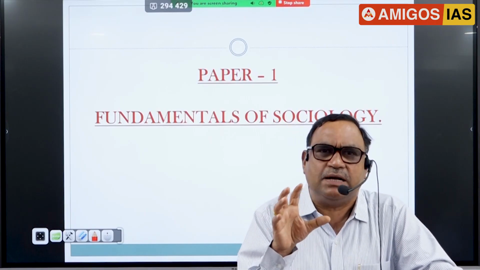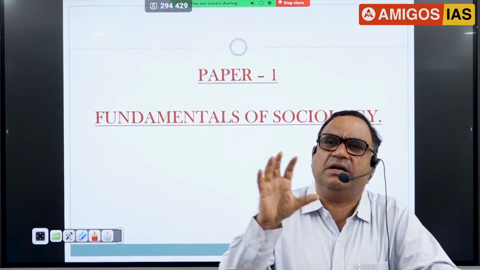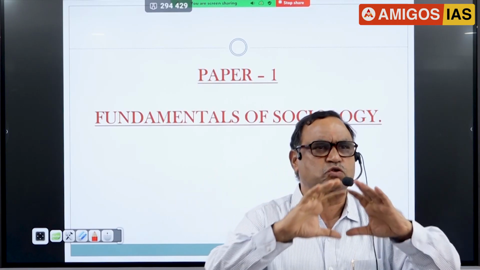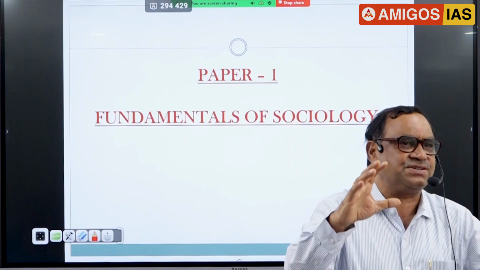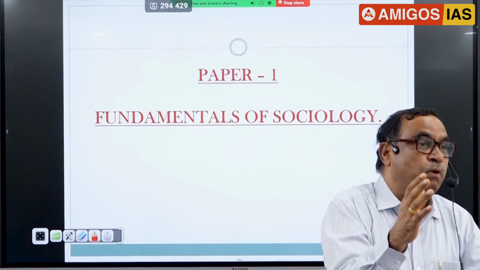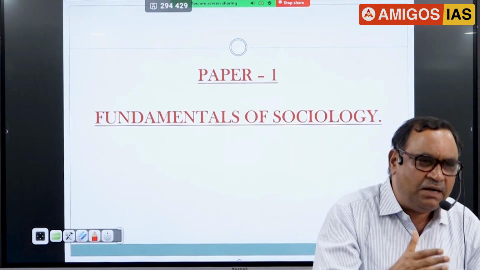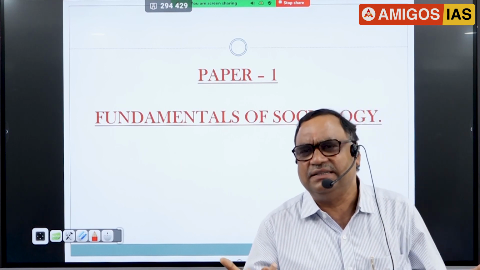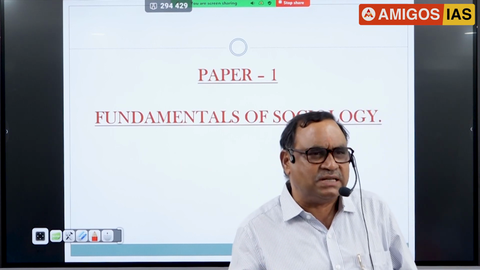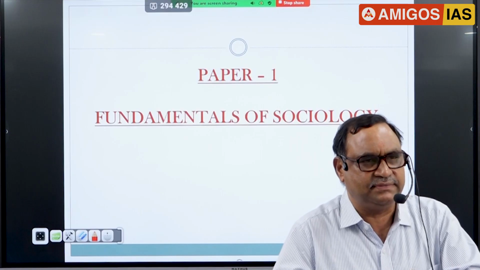Let me discuss the core components of paper 1 and paper 2. I would like to give you a glance about the important components of paper 1 and paper 2 so that you can understand what exactly you are supposed to study as part of sociology.